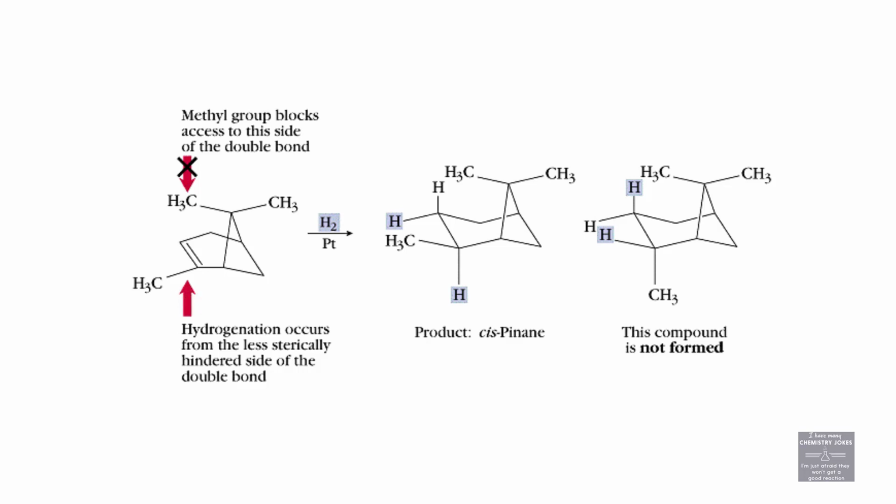the stuff. So this product on the left, my laser's not showing up, this product on the left has my 2 hydrogens added syn, and they came in from the bottom face. This product on the right has my H's added syn, but they have to have come from the top face.